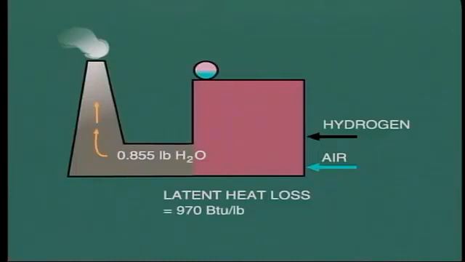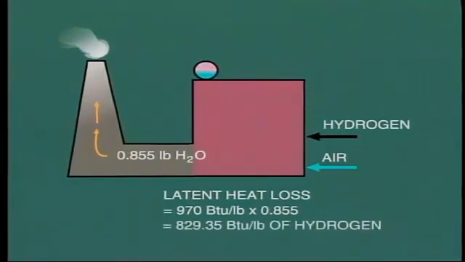In the boiler in question, this represents a heat loss of 0.855 pounds times 970 BTU equals 829.35 BTU for each pound of fuel burned. The real implication of this is that all of the heat in the hydrogen contained in the fuel is in fact not available.